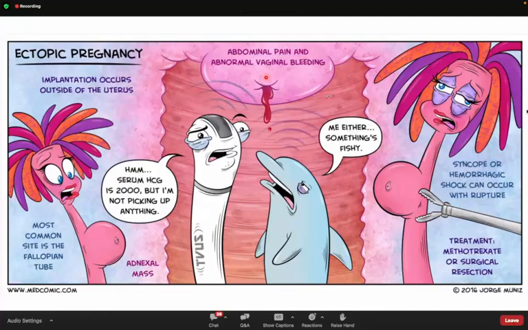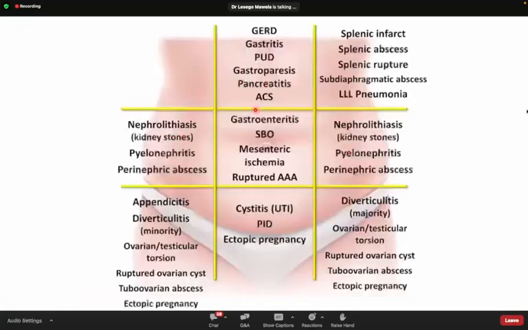Lufimpu says he appreciated the presentation, but there's a request that you project the picture of the abdomen where you showed different quadrants with different etiologies. I think it's that one.